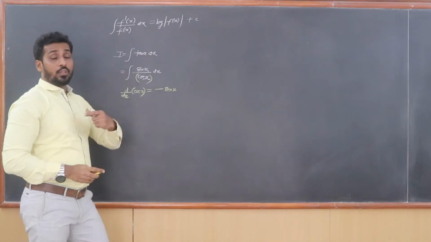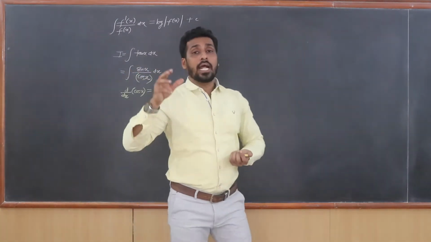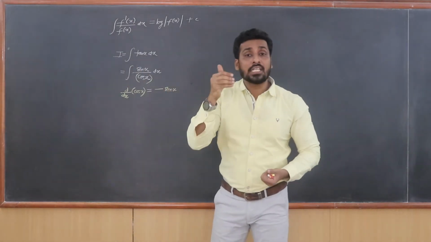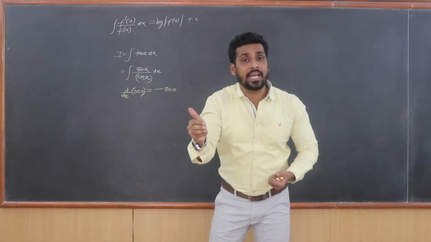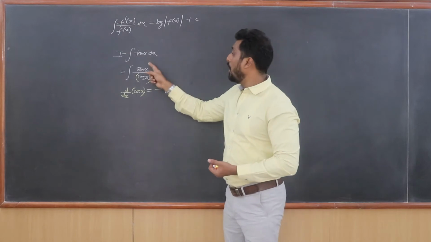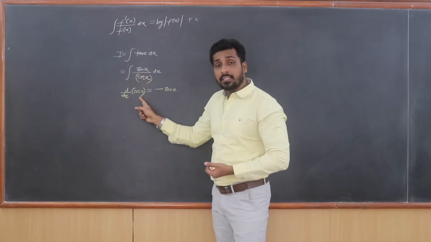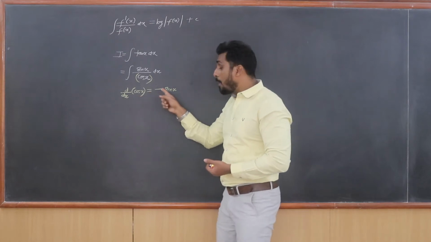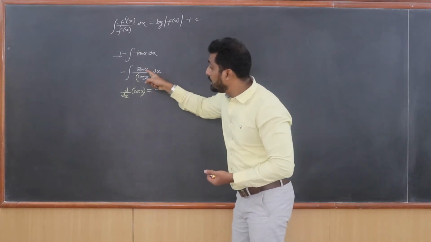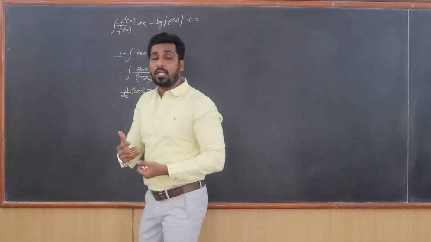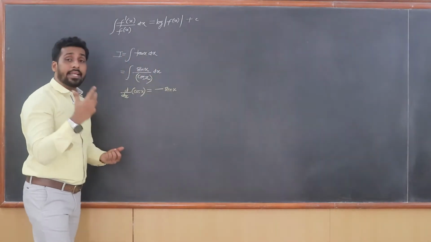Now remember, the corollary demands that the numerator, which is f1 of x, has to be an exact derivative of the denominator. In our case, the numerator is sin x, although the derivative of cos x is minus sin x. So sin x is present. What's missing is the minus sign.